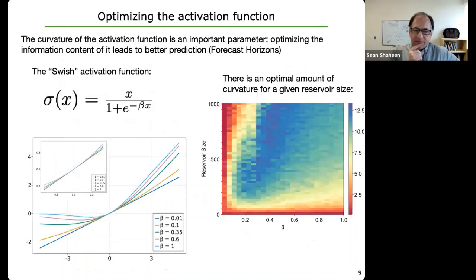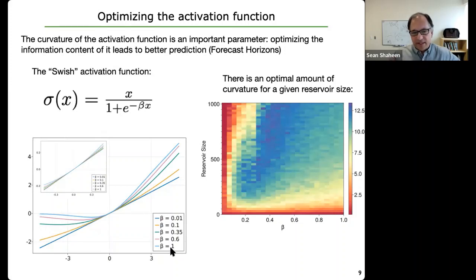So here's an optimization. This is kind of a hyperparameter optimization, if you will, of an activation function called the swish, right? So this is an asymmetric nonlinear with a bit of curvature and a bit of non-monotonicity here. And there's a free parameter beta that changes the function from fully linear at beta equals 0 to something with a non-monotonic curvature near 0 for beta equals 1.